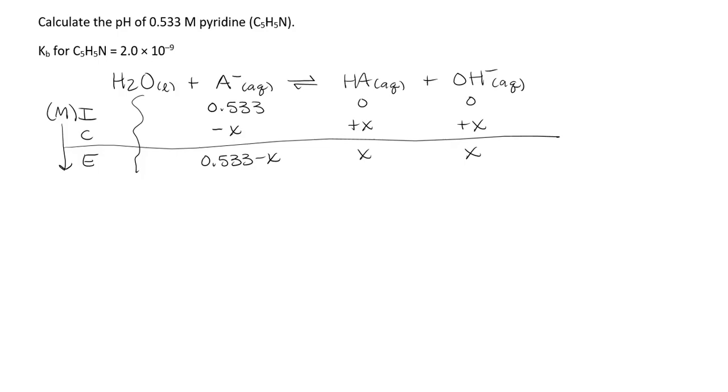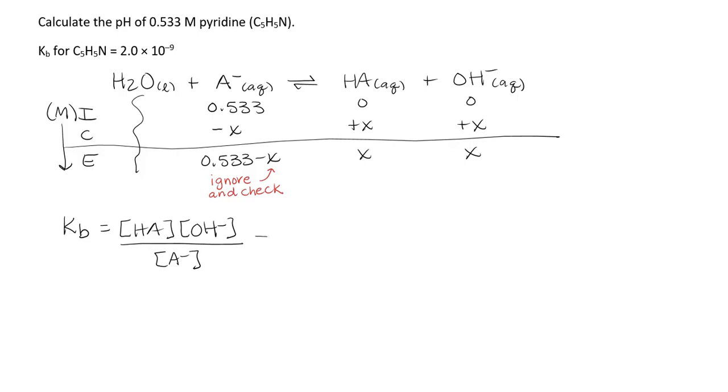We will never see a perfect square for these weak base problems, and so we will always set out to use the assumption. We will ignore the change in x, and then we'll check our assumption later. Writing our mass action expression just with the symbols, I still think that's a good idea, even though our stoichiometry is 1-to-1. We have HA times OH minus divided by A minus.